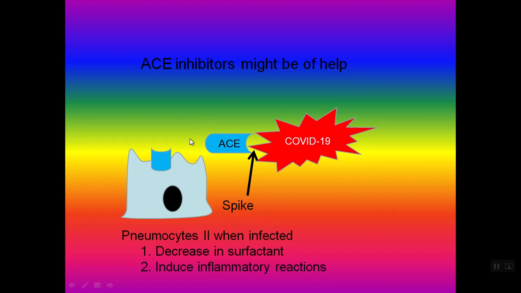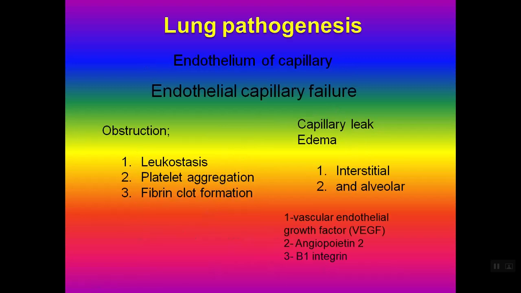That's why, in this area, can we use an angiotensin-converting enzyme inhibitor, which is used routinely in the treatment of hypertension? So yes, it might be of help. The second cell is the endothelium of the capillary, which is usually affected, and we face what we call capillary leak. Capillary leak in the form of leak to the interstitium, or to the alveoli: interstitial edema, alveolar edema.